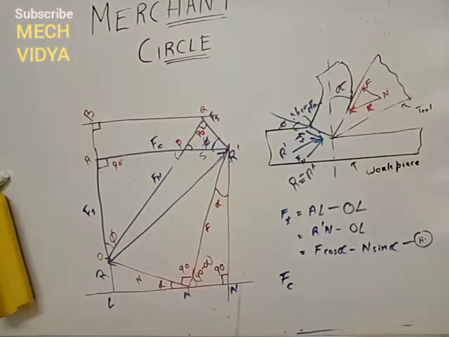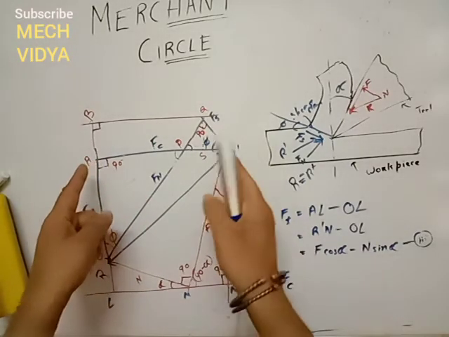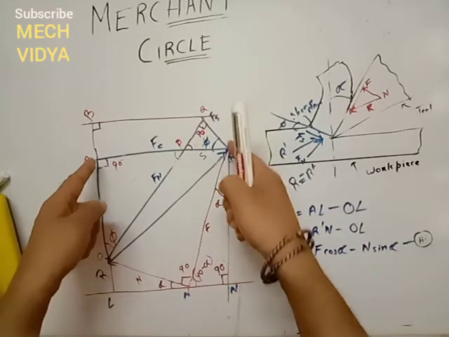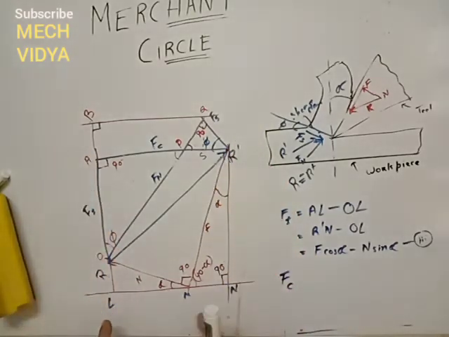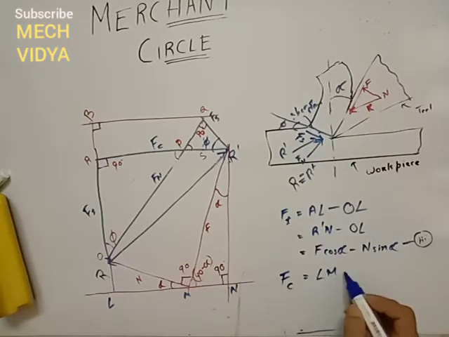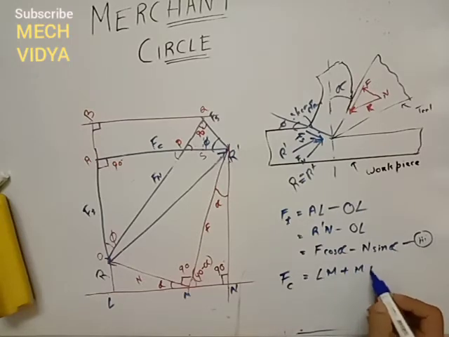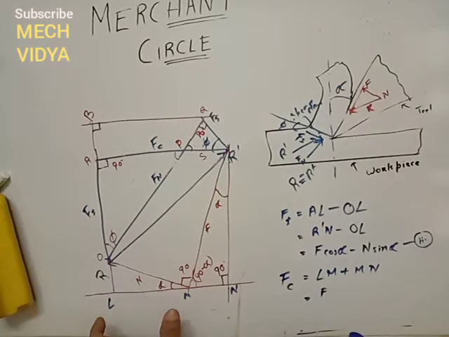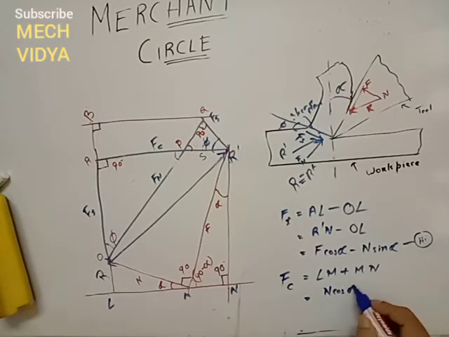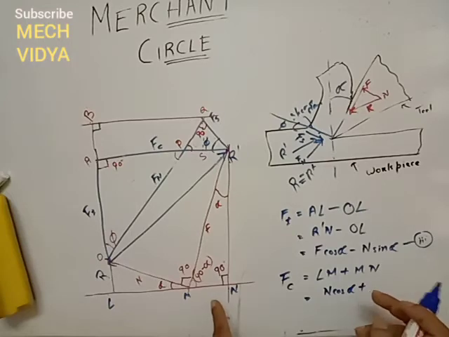Now Fc, how we can write this Fc? Fc can be written as this entire length, LM plus MN. What is this LM? LM is nothing but N, the hypotenuse, cos alpha, plus what is MN?